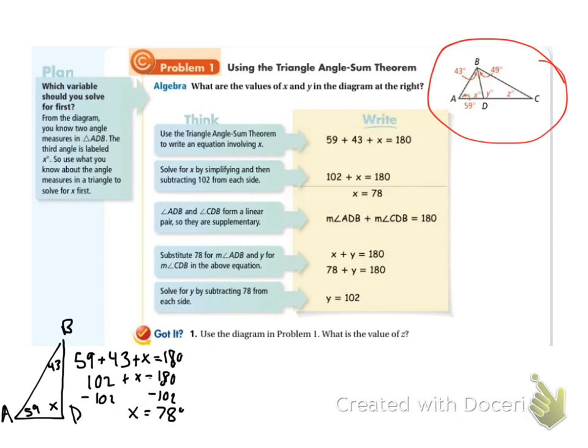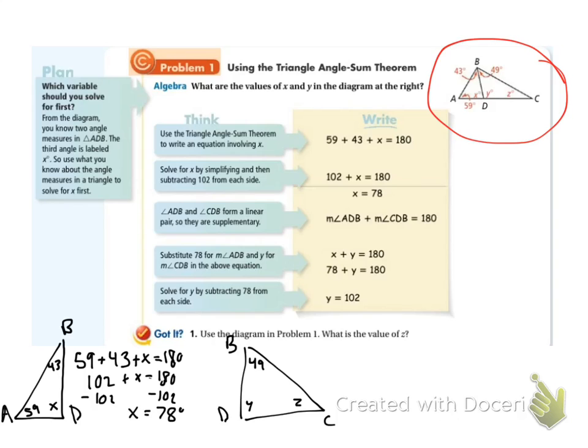Okay, now if I look at triangle BDC, I have 49, Y, and Z. Well, I know they add up to 180, but since I have two variables, I can't do anything. I won't be able to solve for Y and for Z at the same time.